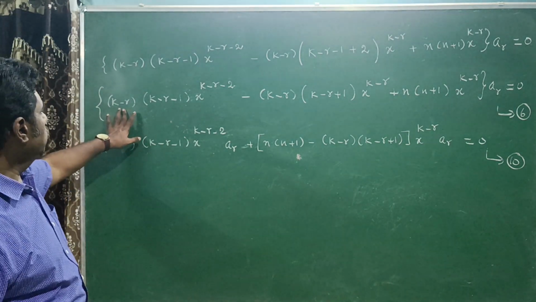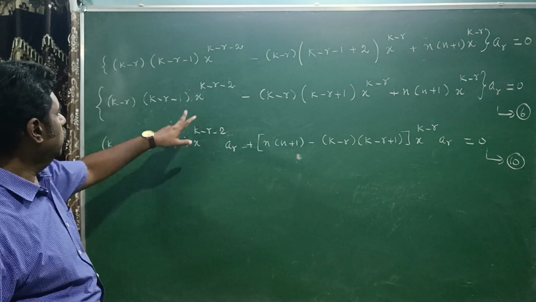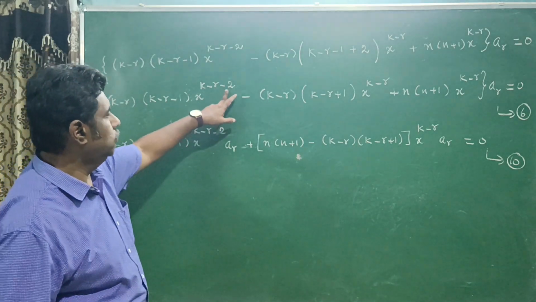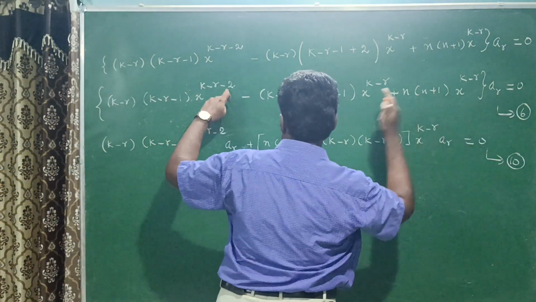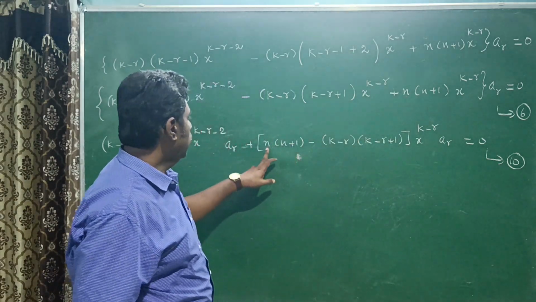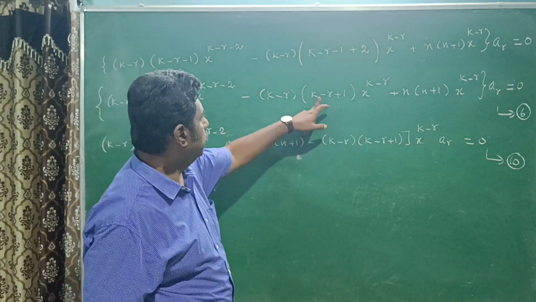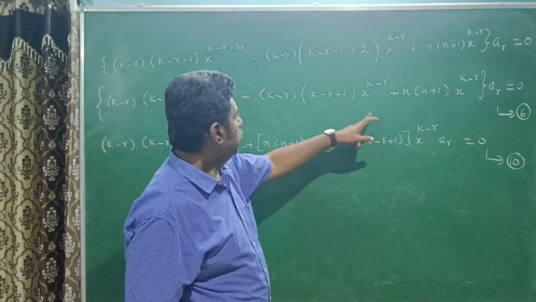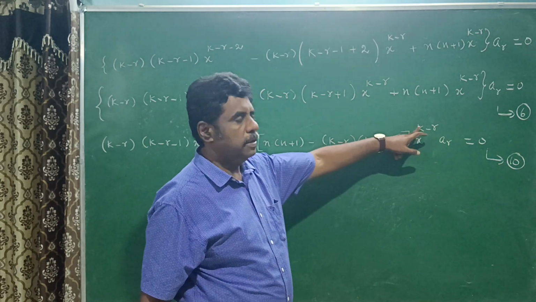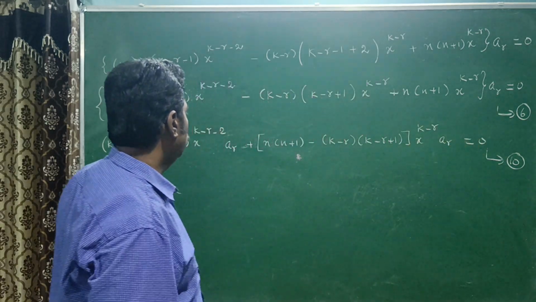We have written this term as such: k minus r minus 1 x power k minus r minus 2 into this ar. Then rearrange this term, positive term first: n into n plus 1 minus k minus r into k minus r plus 1, entire is multiplied by x power k minus r into this ar equal to 0.